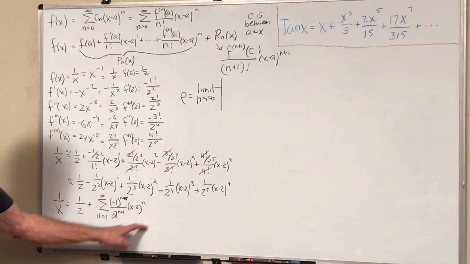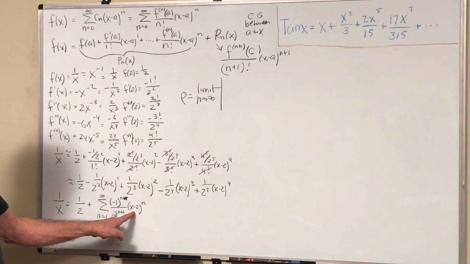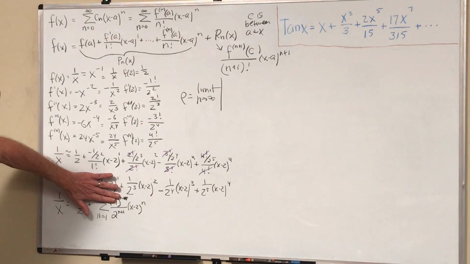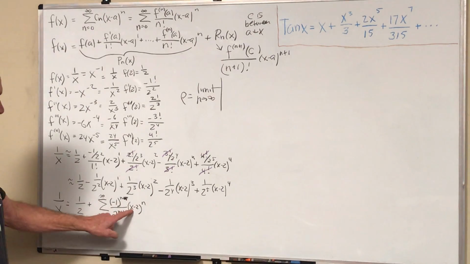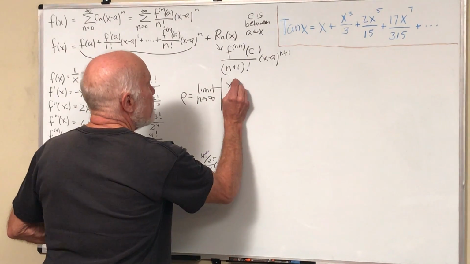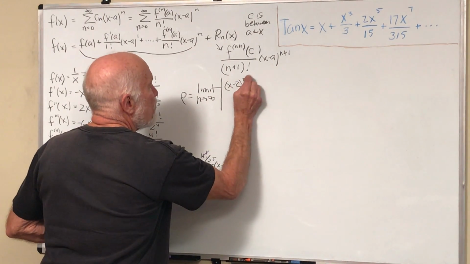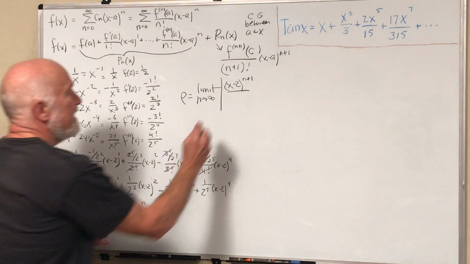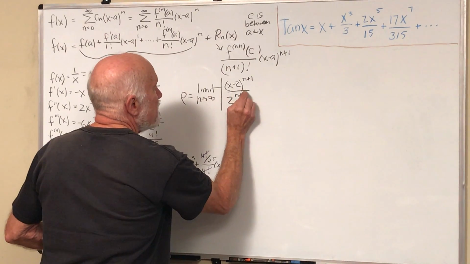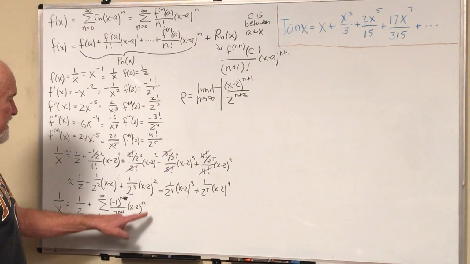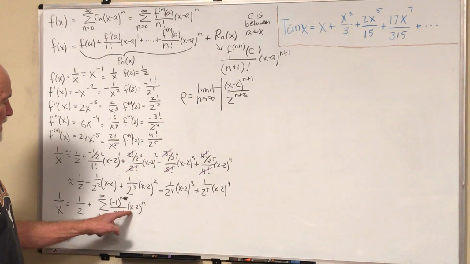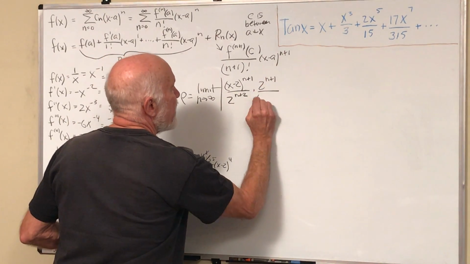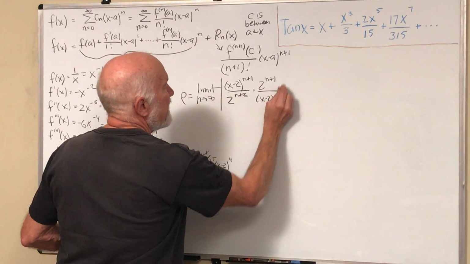So if I take the n plus first term, and since I'm doing absolute value, I can not worry about the negative sign, I get x minus 2 to the n plus 1 over 2 to the n plus 2. And then I have to divide it by the nth term, or multiply by the reciprocal. So 2 to the n plus 1 over x minus 2 to the n.